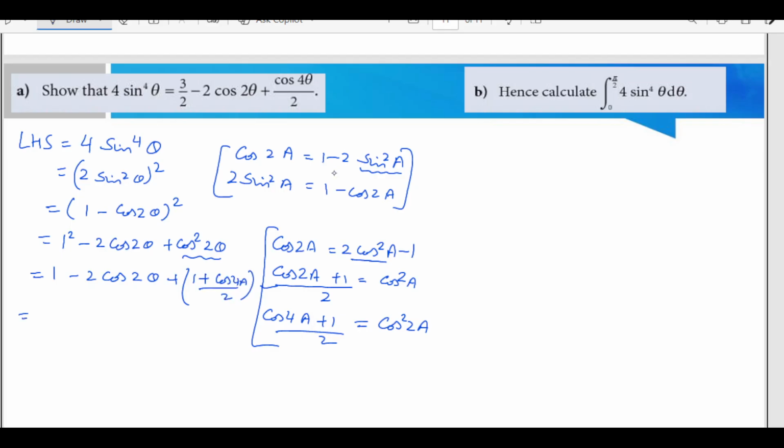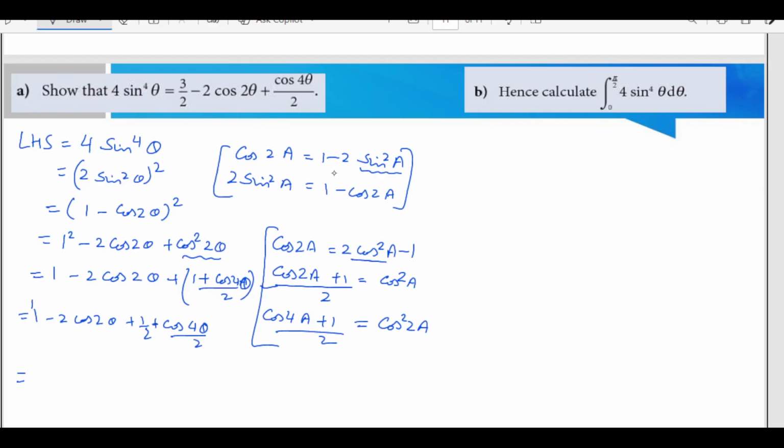Now we can simplify. This is 1 minus 2 cos 2 theta plus 1 over 2 plus cos 4 theta over 2.